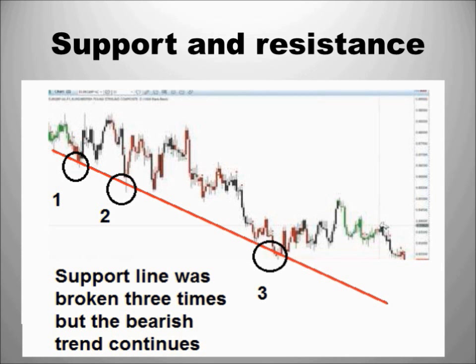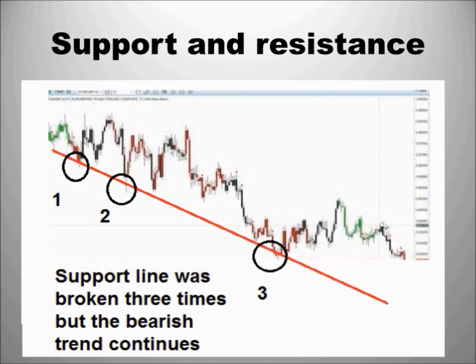And also in this second circle, there was another attempt to pierce through that line of support, but the support line held. And a third attempt to pierce through that line of support, and again, it held. So 3 times this market hit the line of support, and all 3 times it bounced away.